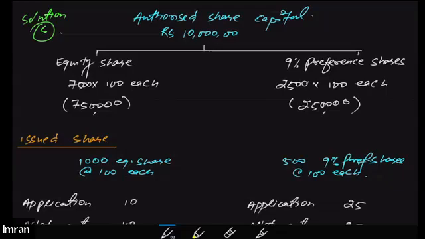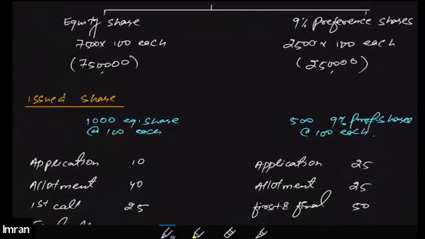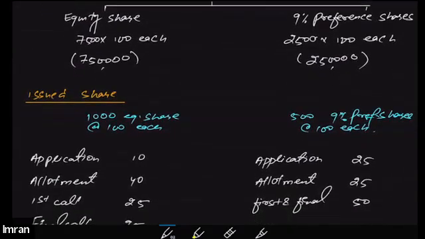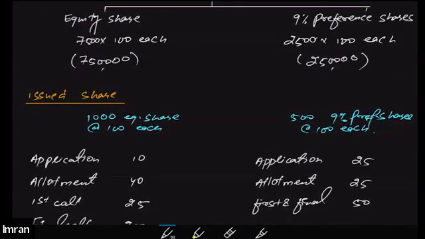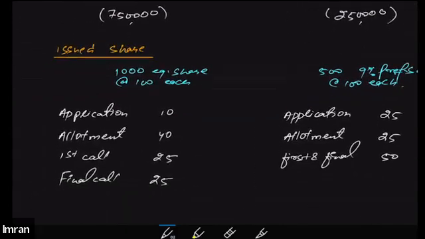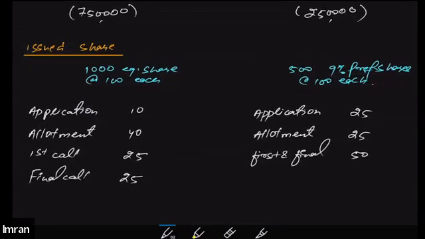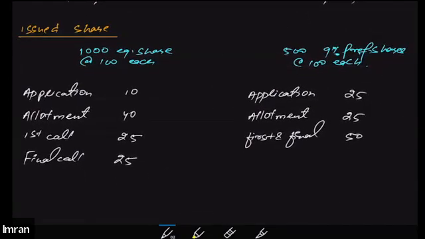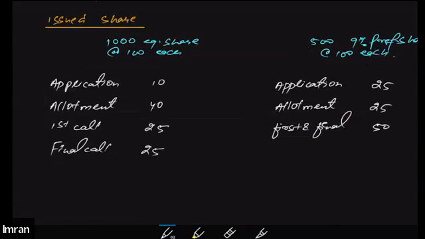So we understood that the total authorized capital of the company is 10 lakh. The entire authorized capital has been divided into 2 broad categories: equity shares of 100 each and 9% preference shares of 100 each. Then out of the 7,500 equity shares, the company is just issuing 1,000 equity shares to the public for subscription, and 500 preference shares for subscription.